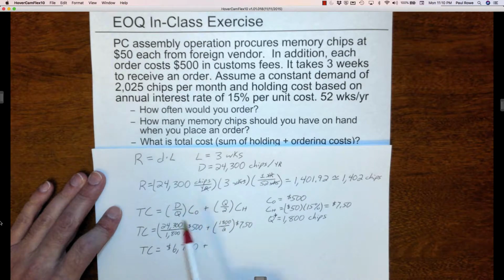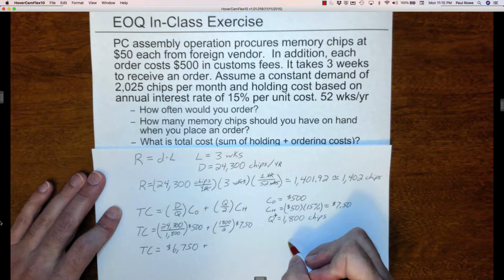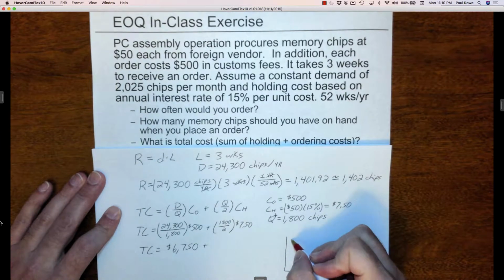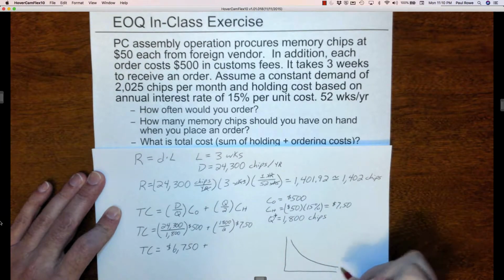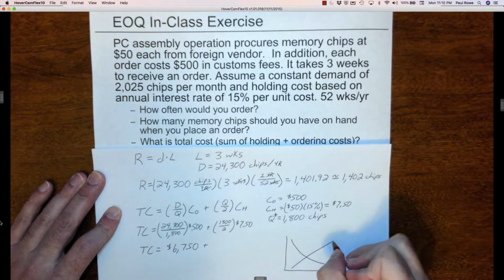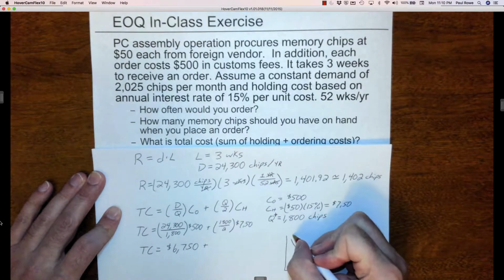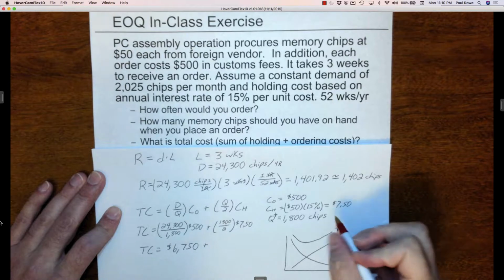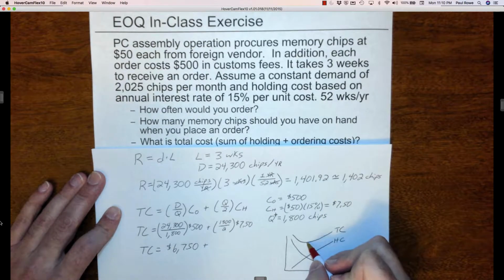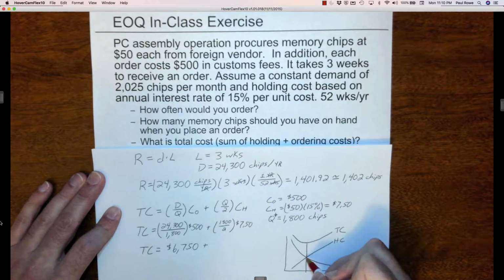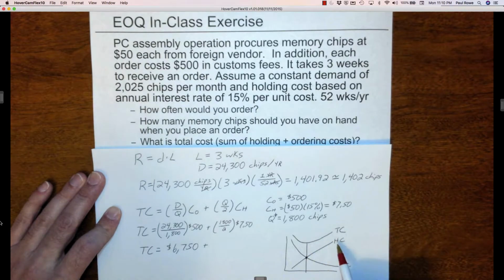So therefore, if we think back to our curves, we had our ordering costs, we had our holding costs, we have our total cost curve, and so where was the EOQ? The EOQ was at the intersection where the holding cost and the ordering cost curves meet. So we know that these should be equal.